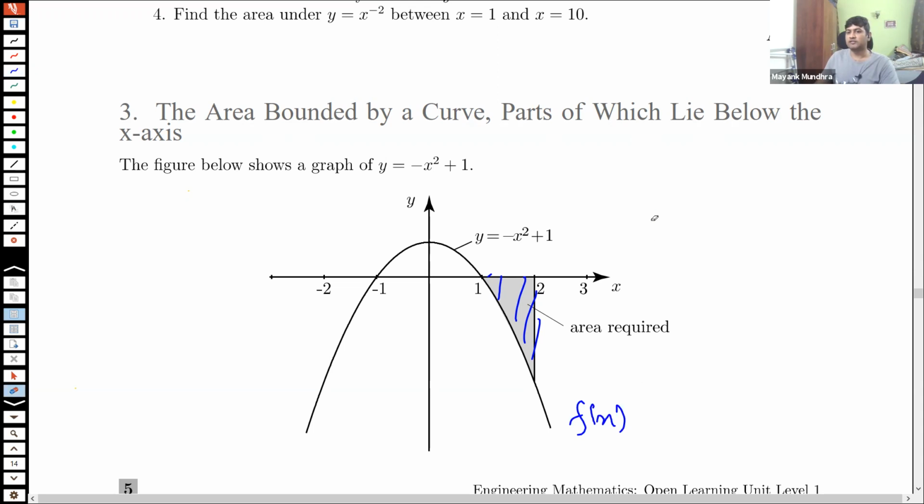So I know that if I just do integral f of x dx going from 1 to 2, what I am going to get is minus a. So in order to get this area a, I need to put a negative in front of this. So when you're calculating area under the curve, just write negative a.